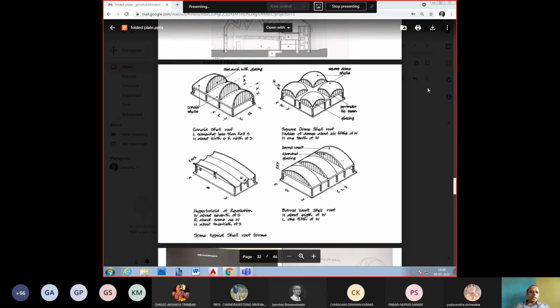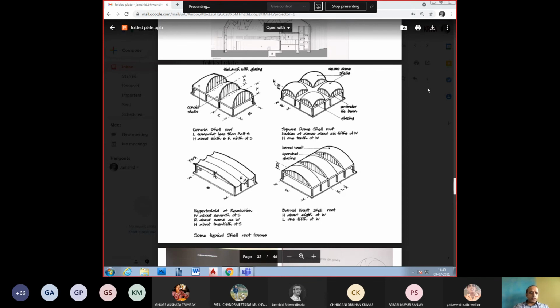Now over here in these examples, you have conoid shells, which is semicircular over here, but towards the other end it is flat. You have square dome shells. So the base is a square, but from the square you are able to emerge a shell or a curved surface out of it.